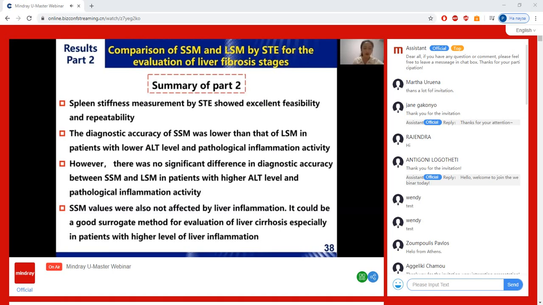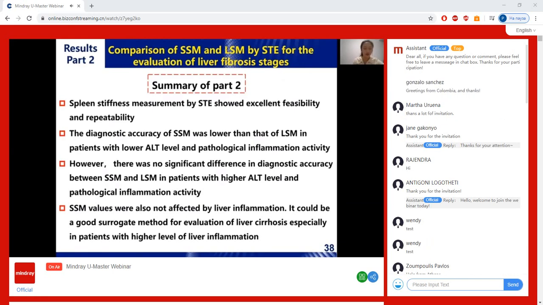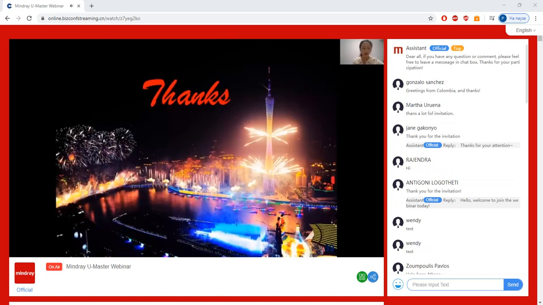However, there was no significant difference between spleen stiffness measurements and liver stiffness measurements in patients with high ALT level and pathological inflammation activity. Spleen stiffness measurement values were also not affected by liver inflammation. It could be a good surrogate method for evaluation of liver cirrhosis, especially in patients with a higher level of liver inflammation.